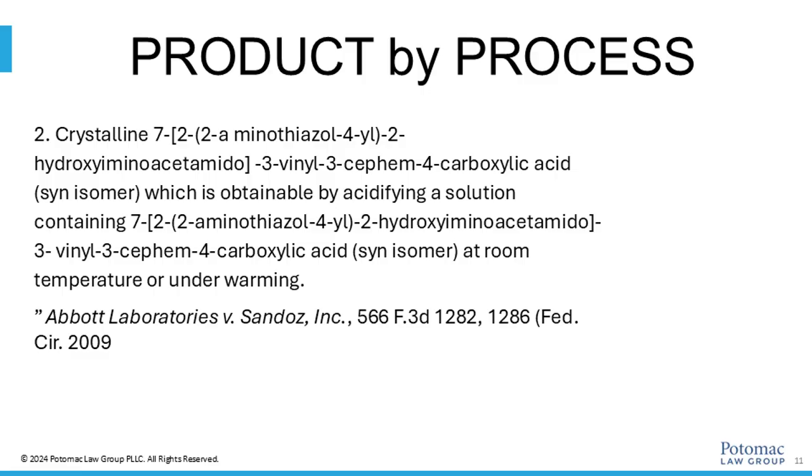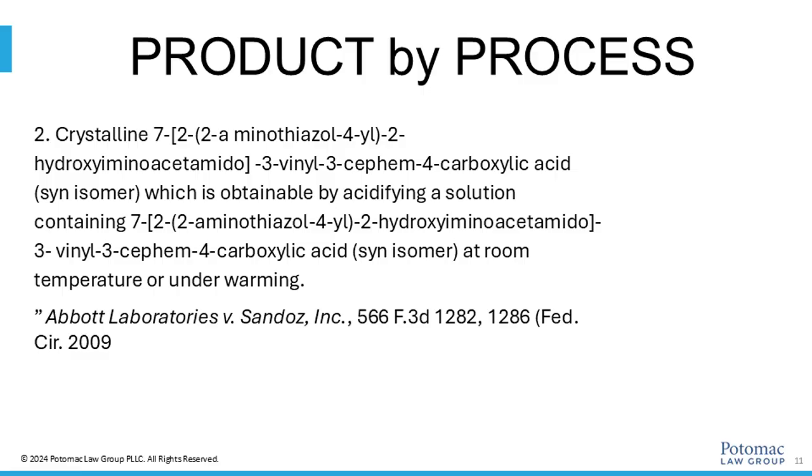As you see, the preamble talks about the crystalline, and it goes on, but the body says obtainable by acidifying a solution, and so on and so forth, at room temperature under warming. One may say this is a pure product by process claim because the only limitation is a process step of acidifying. However, again, my colleagues pointed out that here the preamble may play a role and may be considered limiting.